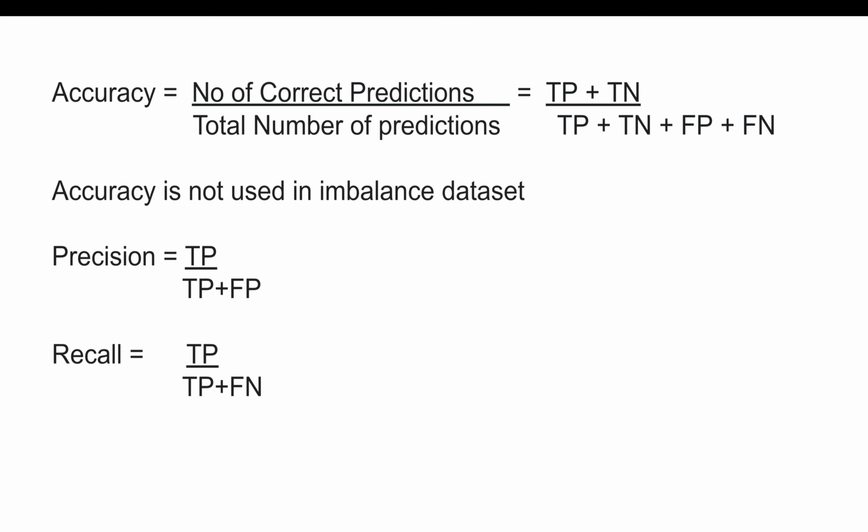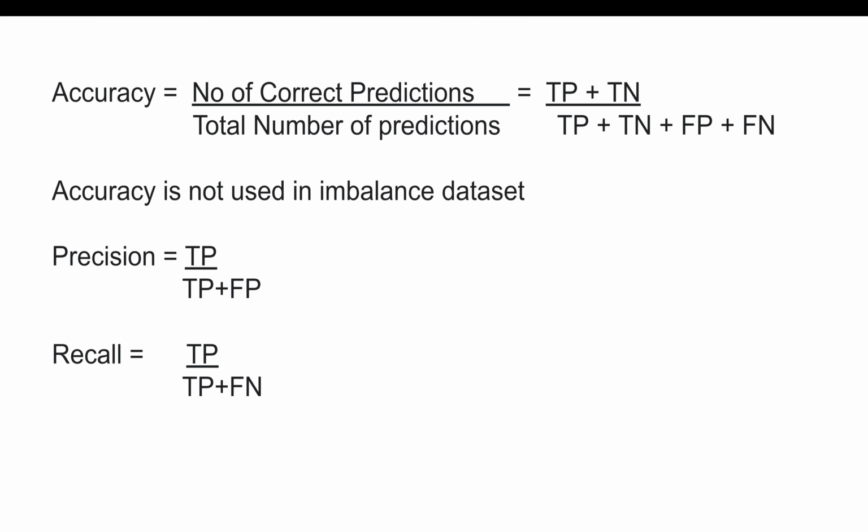In that case, false positives have a lot of importance, because if an email is not spam but your model has marked it as spam, then it is a big problem. You don't want it to go to the spam folder.